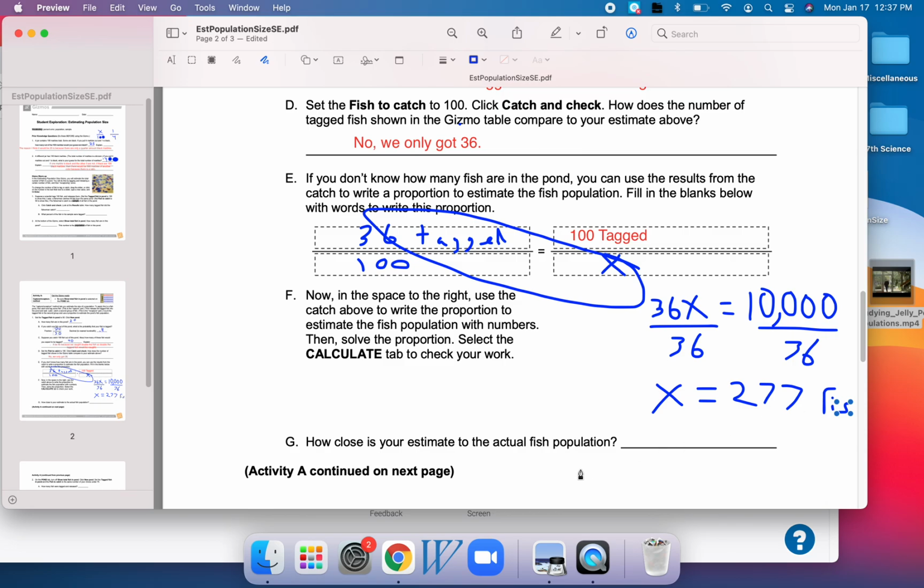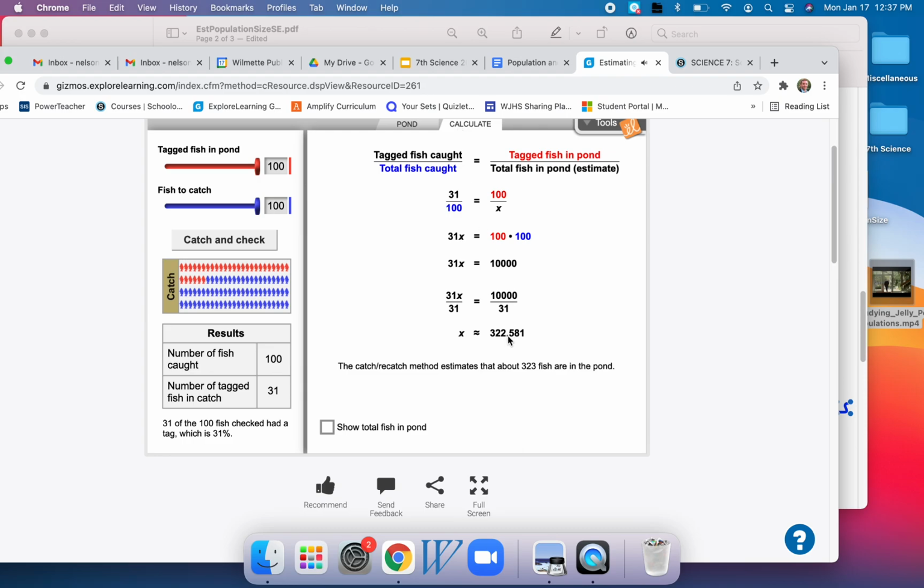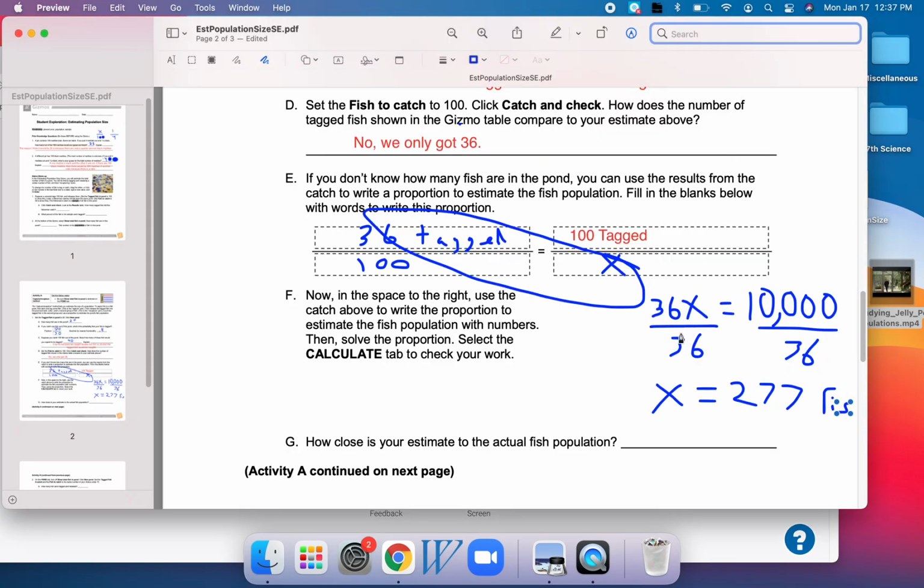So how close were we to our estimate? Well, let's run it. Tagged fish, fish to catch. 325. So how close were we in real life?